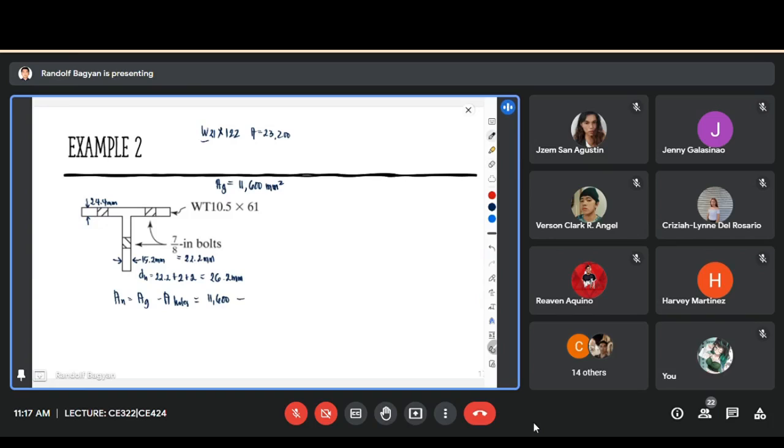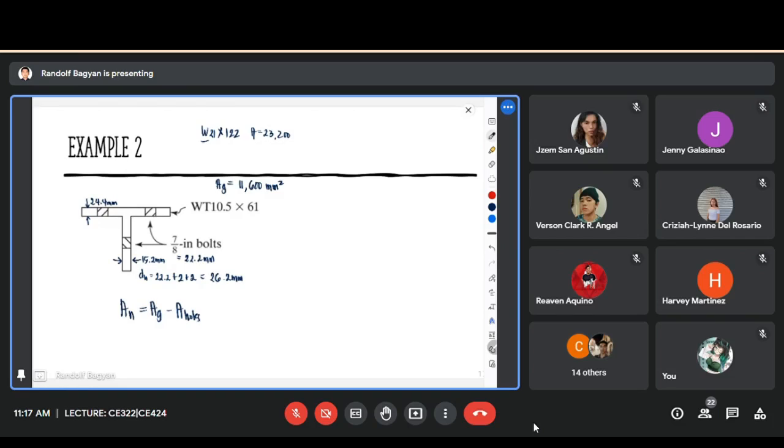Okay. So sa web, minus area ng hole. Net area A sub N is equal to the gross area minus area ng butas.